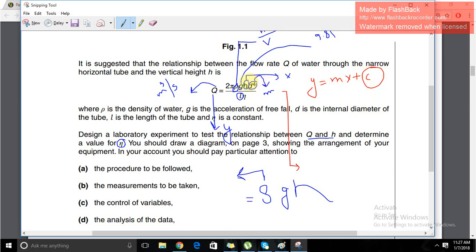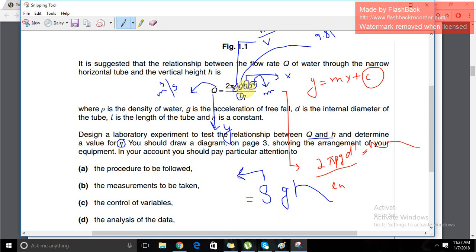And if h is the x, then 2 pi density g d raised to power 4 over L into n is what equals the gradient. So if you draw Q on the y-axis against h on the x-axis and you get a straight line graph going through the origin, then your relationship is valid.